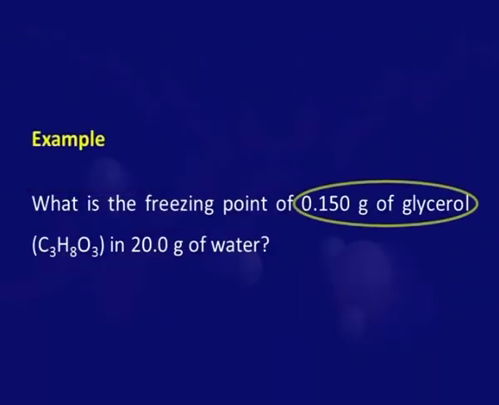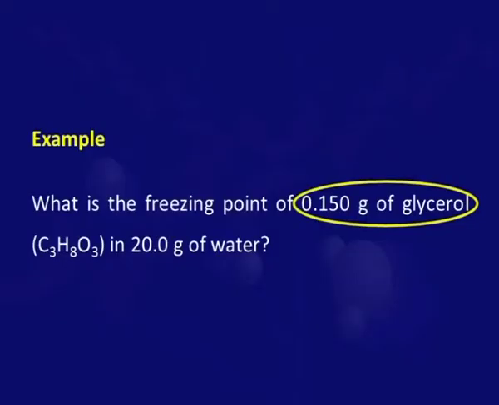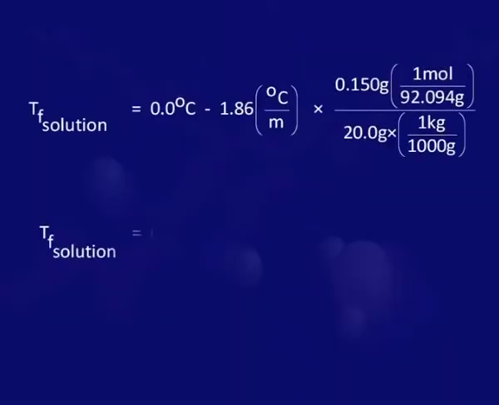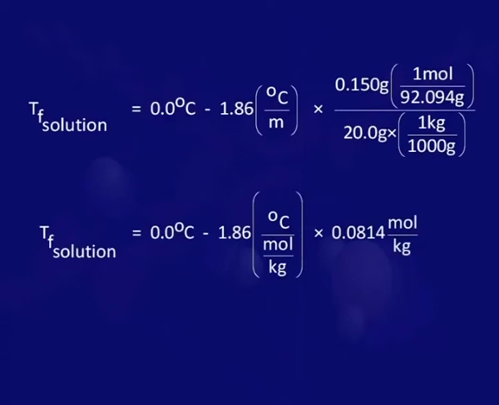As the weight of the glycerol is given, you can convert it into number of moles of glycerol by dividing the weight of glycerol by its molecular weight. And you can also convert the grams of solvent into kg of solvent. Putting all these values in the relationship, you will get the freezing point of solution as minus 0.151 degrees Celsius.